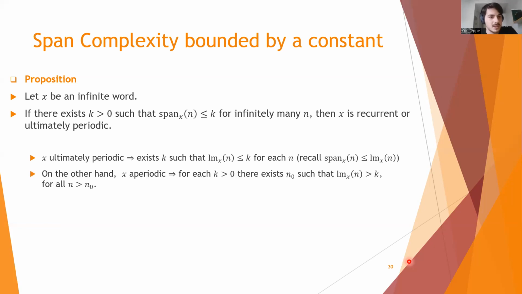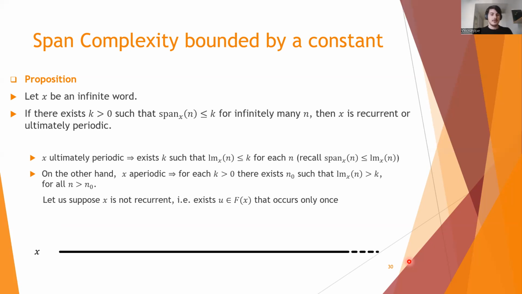it for ultimately periodic words. On the other hand, if x is aperiodic, then that means that for each k greater than 0, there exists n0 such that the leftmost complexity is greater than k for all n greater than this value n0. So to prove that it must be recurrent, let us suppose that it's not recurrent, which means that there exists at least a factor u of x that occurs only once.